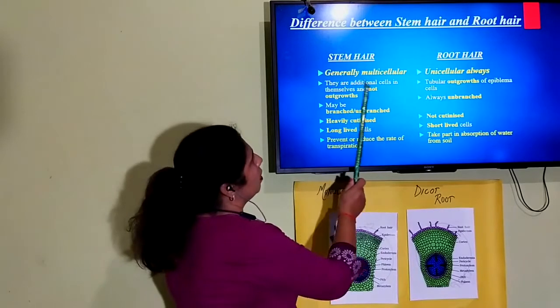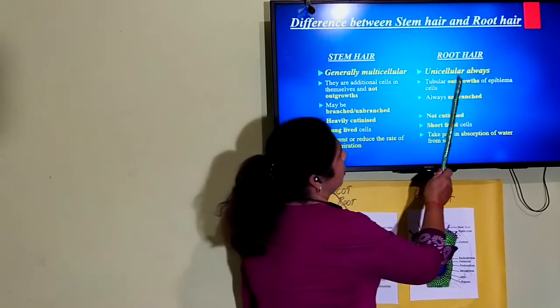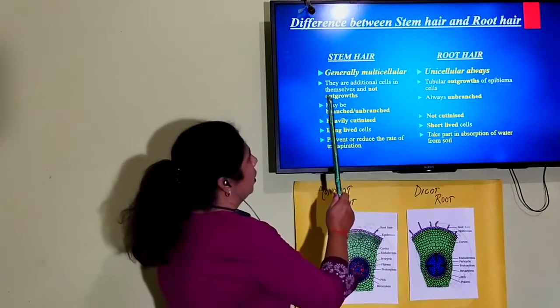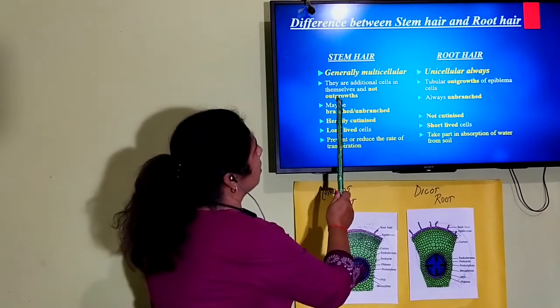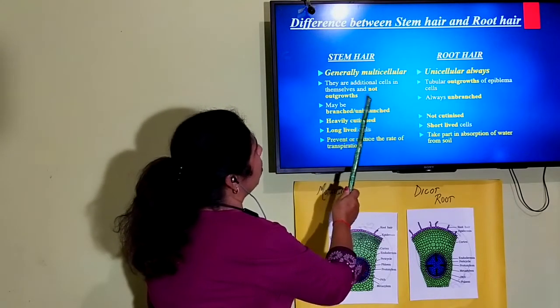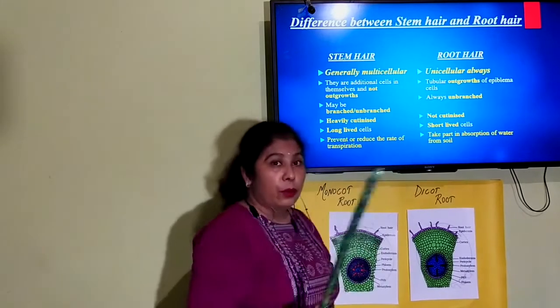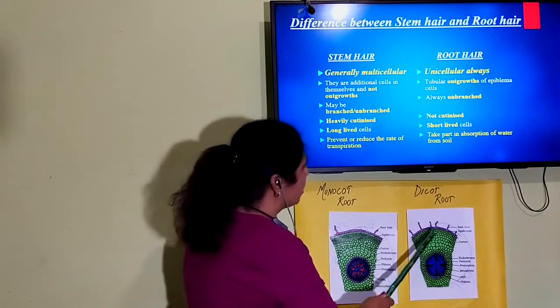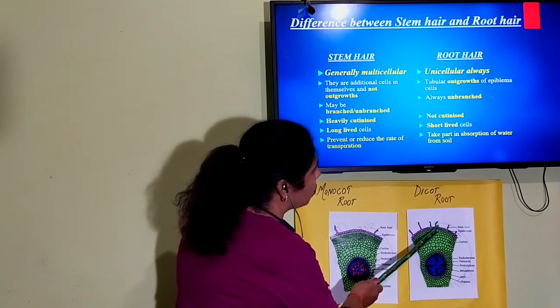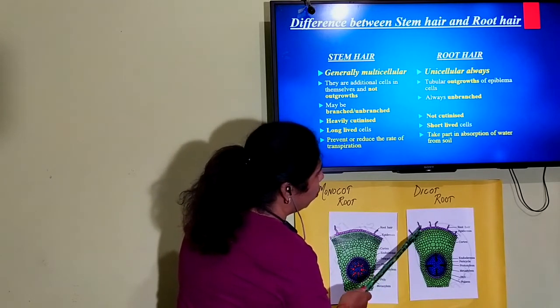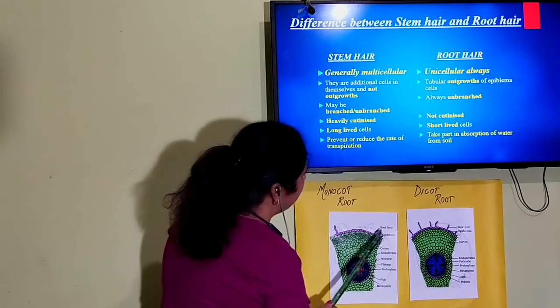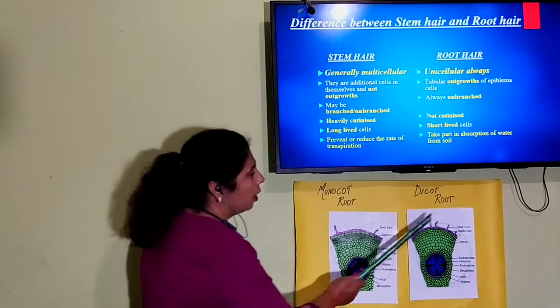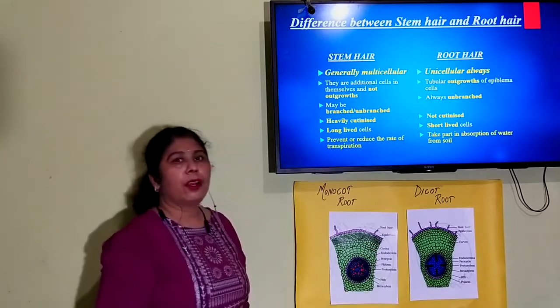Stem hairs are generally multicellular, root hairs are generally unicellular. In the stem they are additional cells in themselves, not outgrowths. In the root, they are simply outgrowths of the epiblema cells. No additional cells are seen here, neither in monocot nor in dicot root.